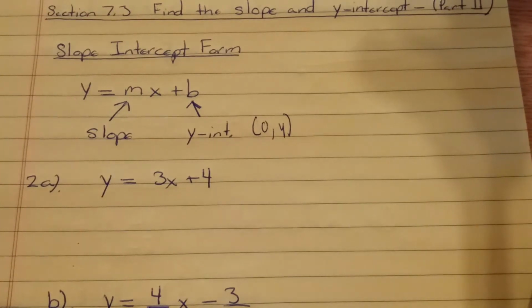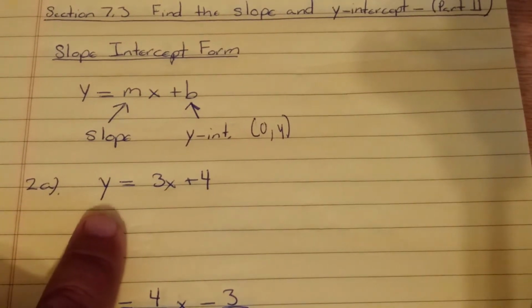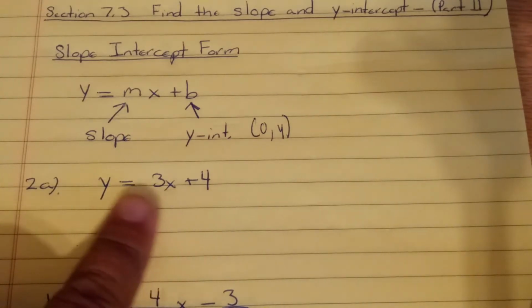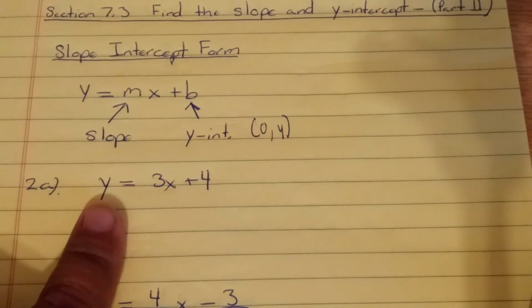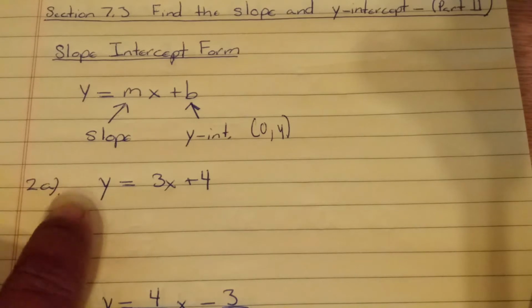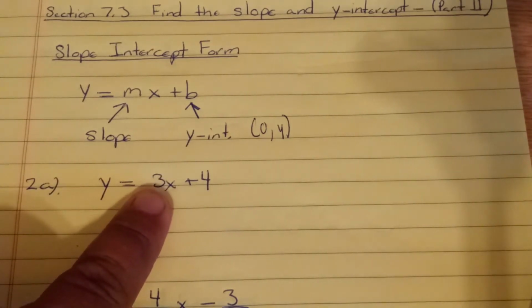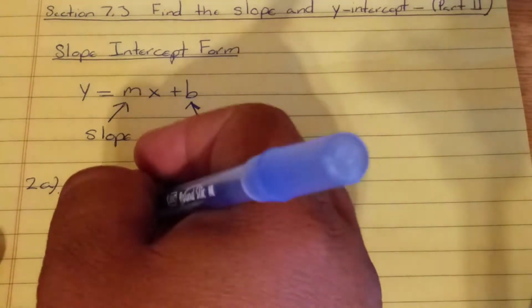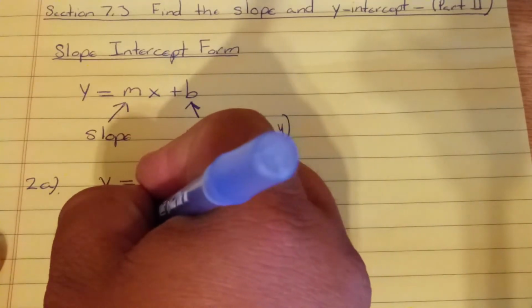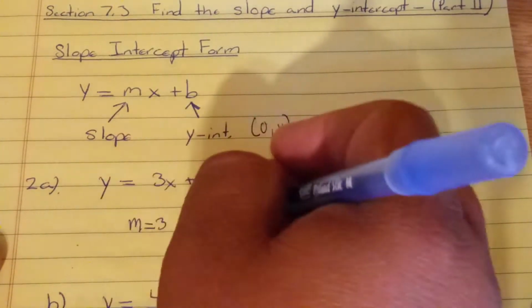So it's a fairly simple process. If your equation is already set up in that form, in other words, it's set up equal to y, with nothing else attached to it on the left-hand side, then you just take a look at the number in front of x. That'll be your slope. So the slope here will be 3.